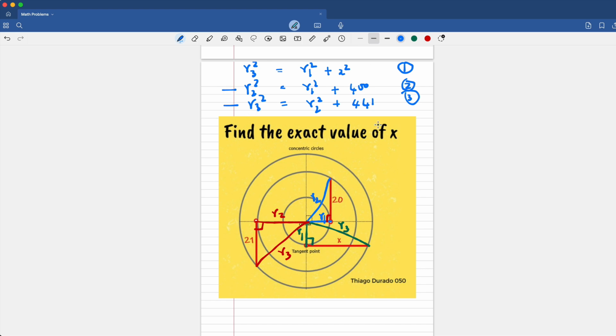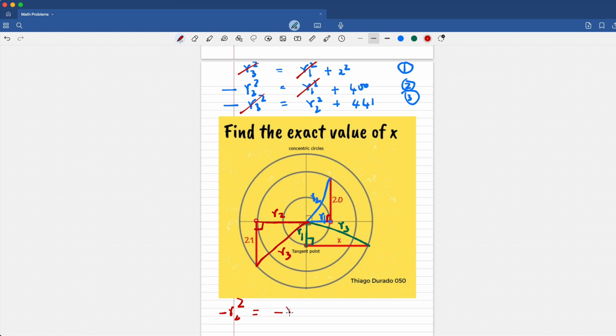So if you do this, you realize that R3 squared cancels out because R3 squared is equal to R3 squared. R2 squared stays, that's minus R2 squared. R1 squared cancels out R1 squared because that's subtracting it out.